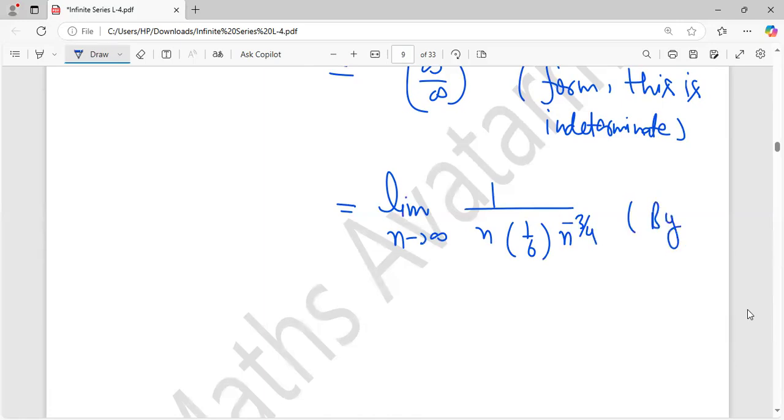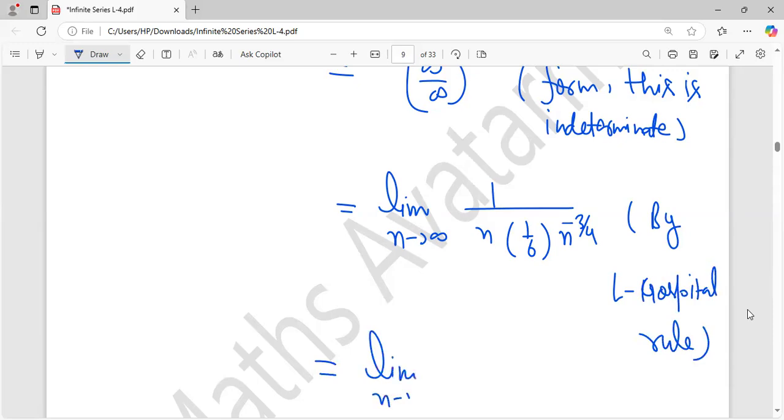By L'Hospital rule, what is this? Limit n tending to infinity, 4 will come out, and n to the power 1 by 4 in the denominator, that is again 0.